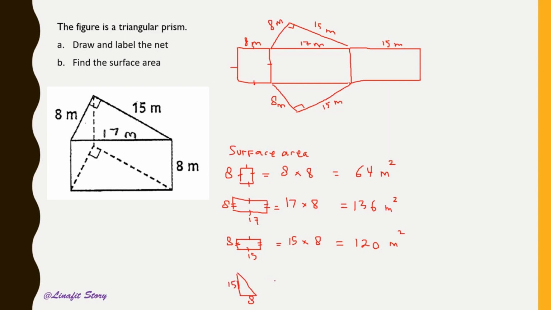So the area of a triangle is base times height divided by 2. So 8 times 15 divided by 2. Since there are two triangles, then times 2. So the answer is 120 square meters. So the total is 64 plus 136 plus 120 plus 120 equals 440 square meters.